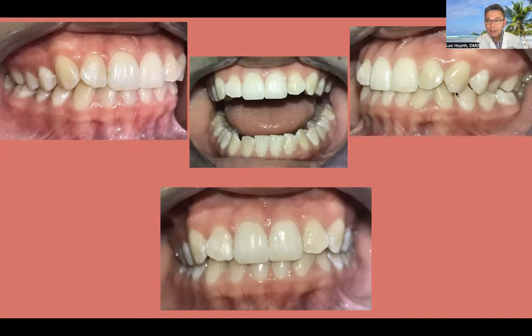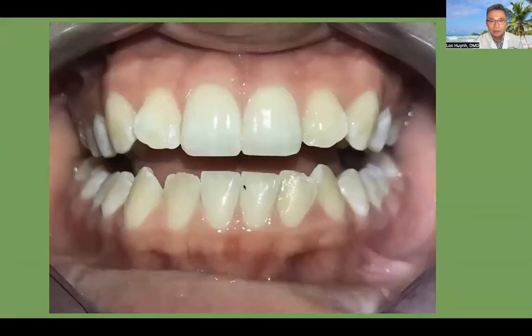It means that the patient is really young. She was only 16 years old. She already had wear and tear of the lower incisors here. If I can show another picture, you can see it starting to have very sharp edges of the enamel here. That's because of the wear and tear.